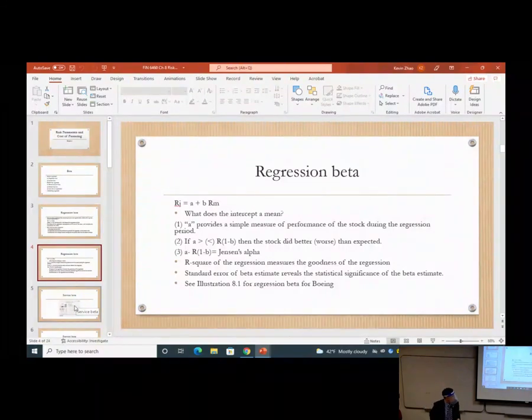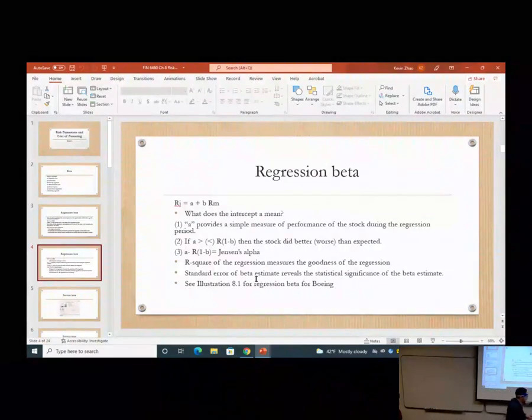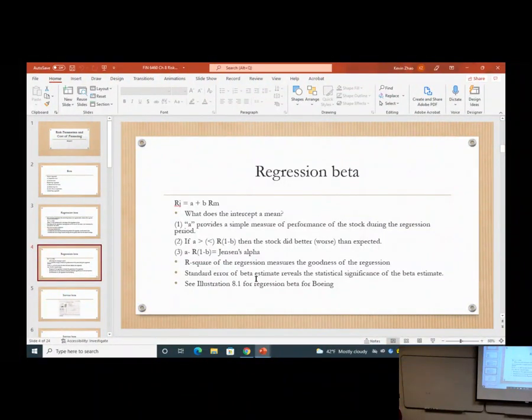And in addition to statistical significance of alpha and beta, we also want to look at R squares. R squares measure the overall fitness of the regression itself. And typically, people are looking at R square greater than like 10%, 20%. Some people say, hey, how about 90%?